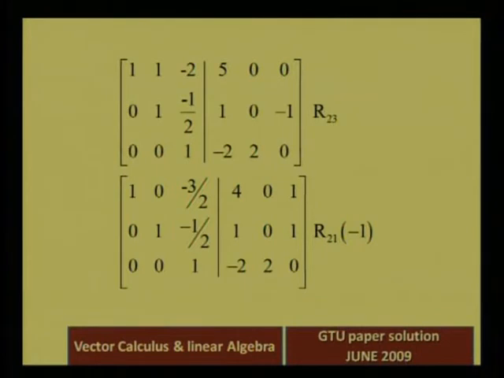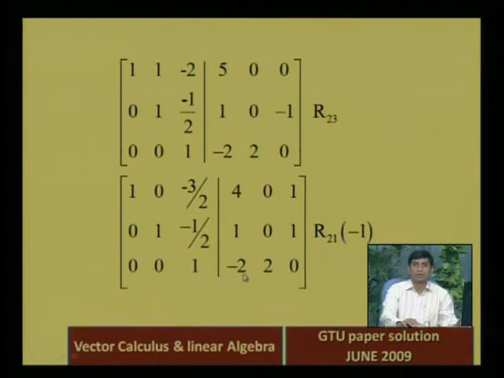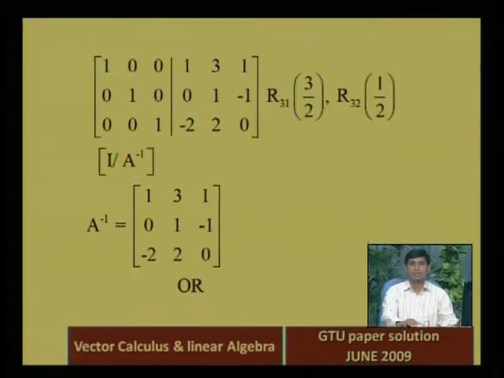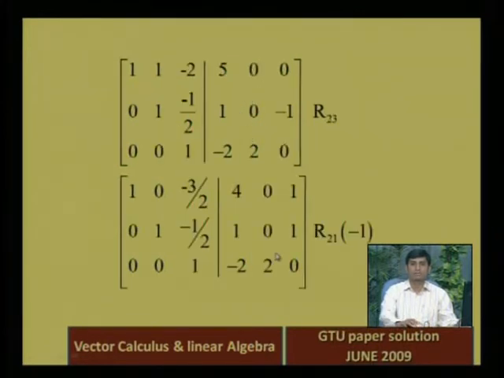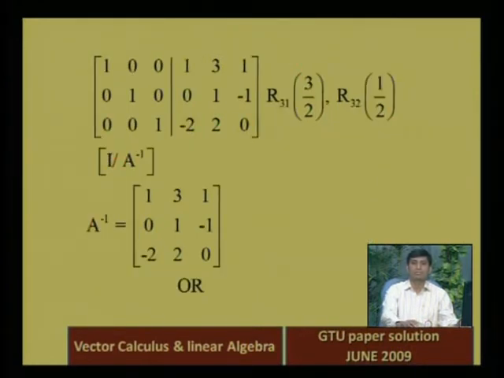Now 0 minus 2 into 1 by 2. Because we multiply the third row with 1 by 2 and add into the second row, we get 0 minus 2 into 1 by 2, so that is minus 1 here. And this is 1 minus 0 into 1 by 2, so you get minus 1.